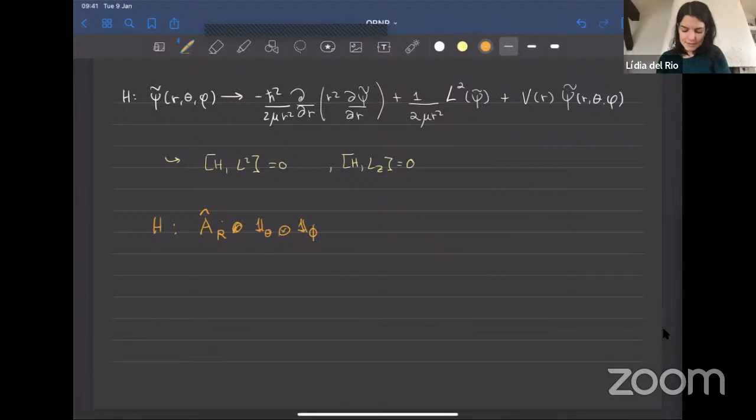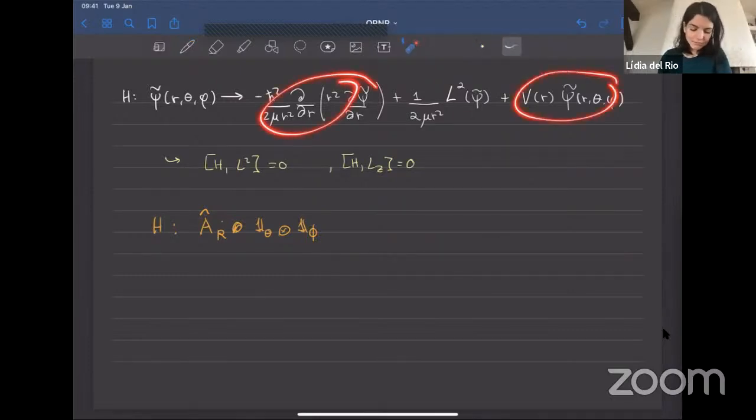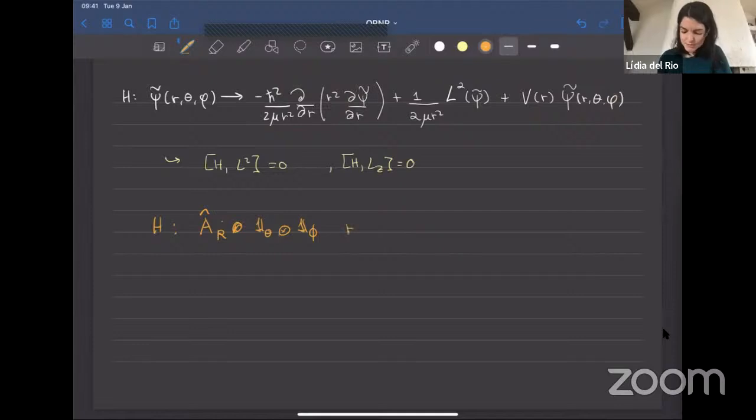Right? That's this part and that part. Plus, well, we have here, you could think of it as two parts. First, I have something that acts on R only, on theta, on phi, multiplied by this L square, and the L square we also say, well, it doesn't act on R, it's just some L square that acts on theta and on phi. Right, this is one way to do it.